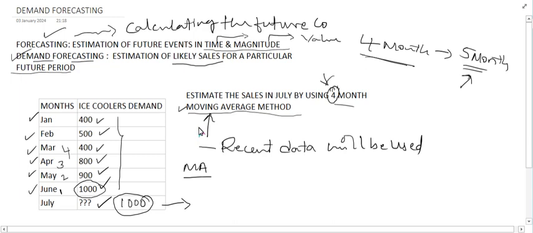So I will consider the average of all 4 months, because the question given is the 4-month moving average method.